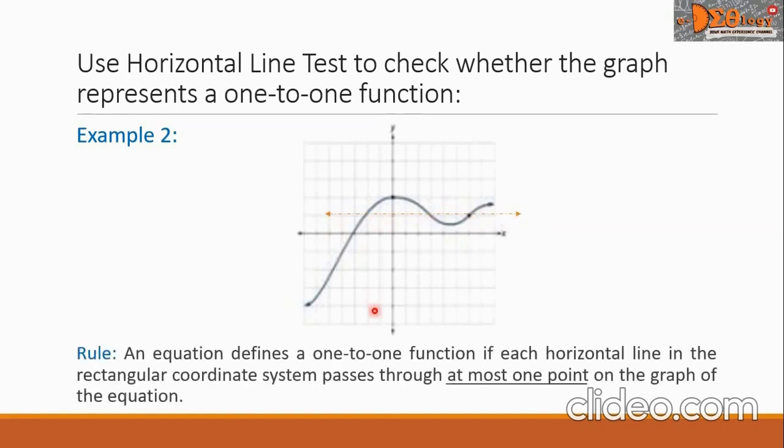But horizontal line test says that any horizontal line must touch the graph in at most 1 point. But since this horizontal line in particular touches the graph in 3 points, we say that the given graph here is not a one-to-one function. This is our final answer.